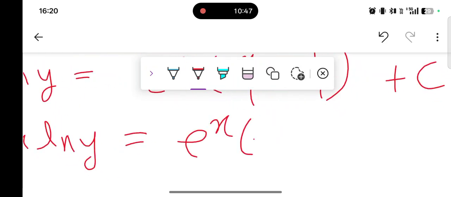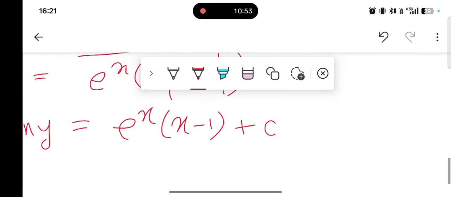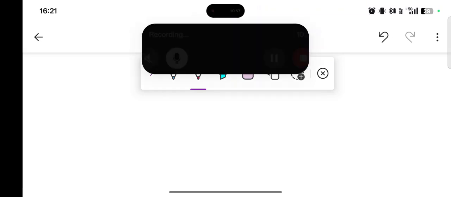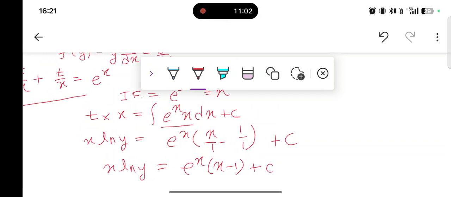This is e to the power x into x minus 1 plus c. So basically this is our final answer for this question.